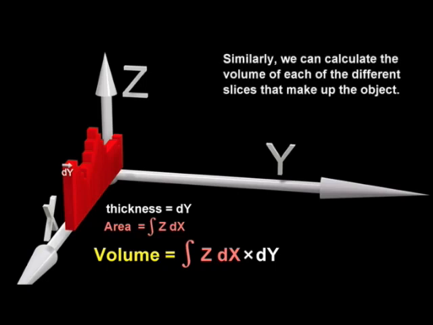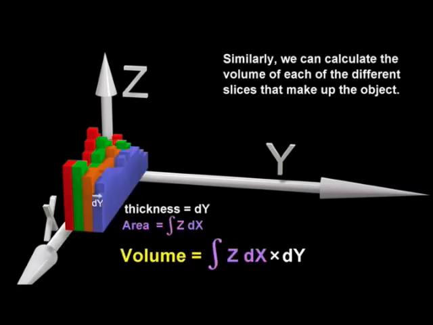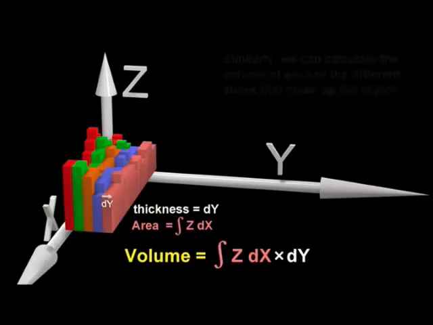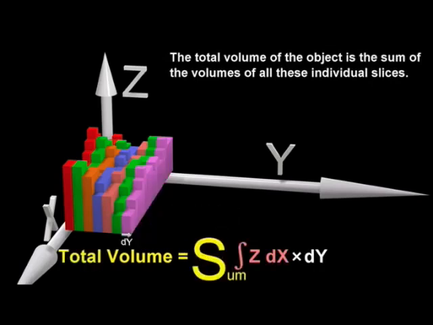Similarly, we can calculate the volume of each of the different slices that make up the object. The total volume of the object is the sum of the volumes of all these individual slices.